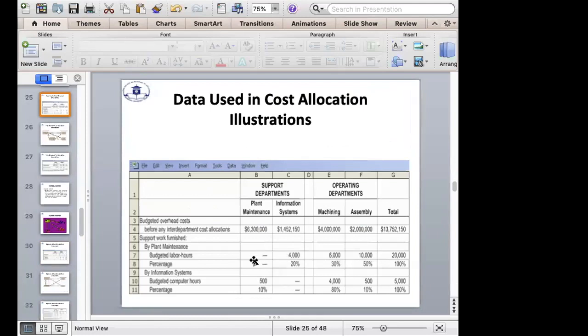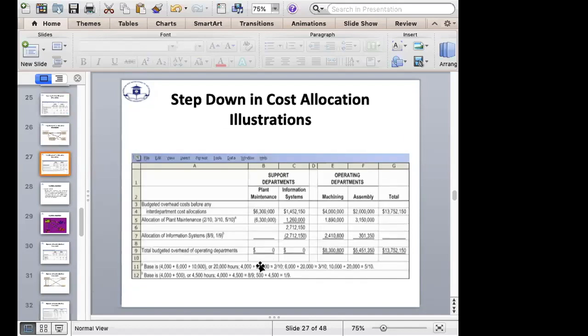This department is providing 4,000 hours here, 6,000 hours here, and 10,000 hours here. So which means 10 plus 6 plus 4, 20. 4 divided by 20 here, 6 divided by 20 here, 10 divided by 20 here, right? So we use these ratios to allocate this number here, here, and here.